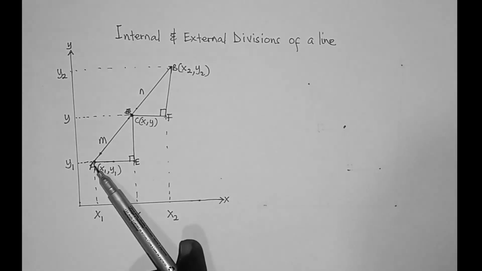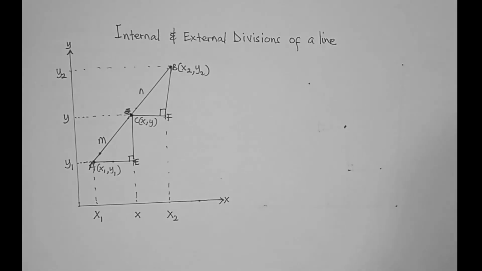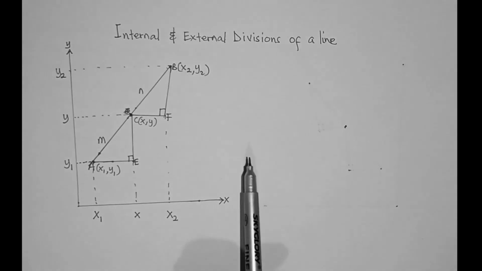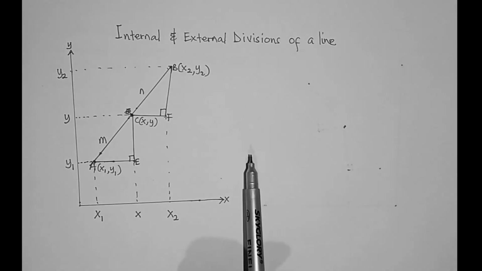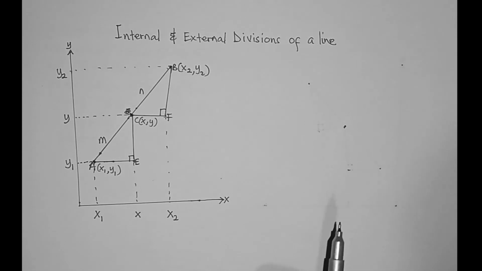The way in which this line has been divided is called the internal division of a line. For the internal division of a line, we need to use similarity of triangles. So you see that we have two triangles here. By the condition for similar triangles, you know that two triangles are similar if they have two corresponding angles equal.